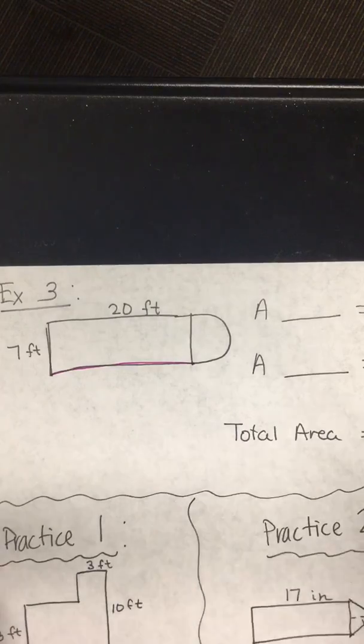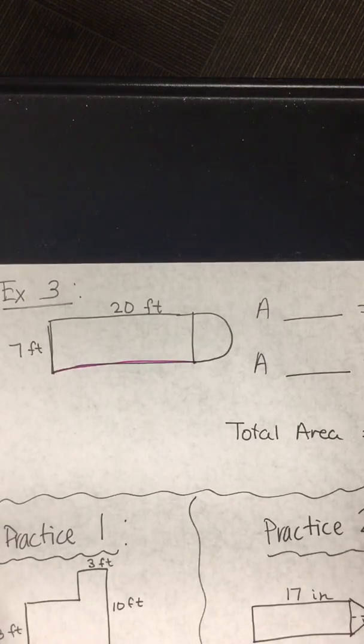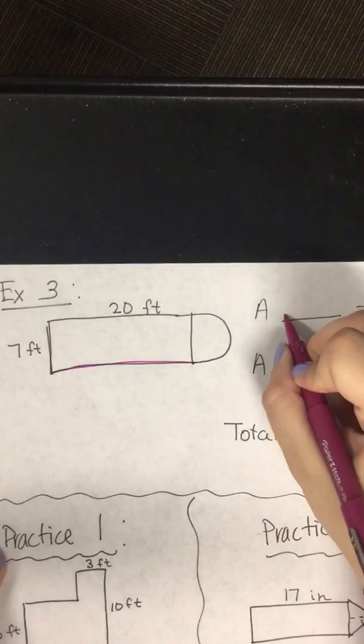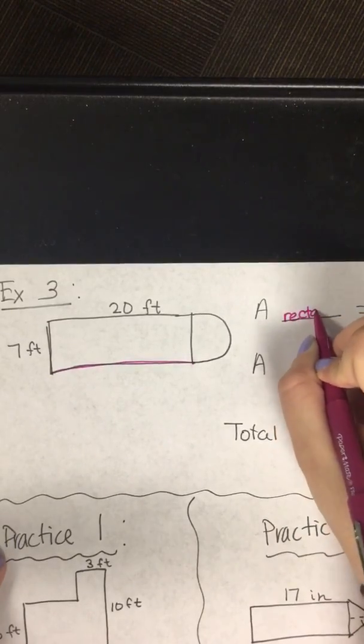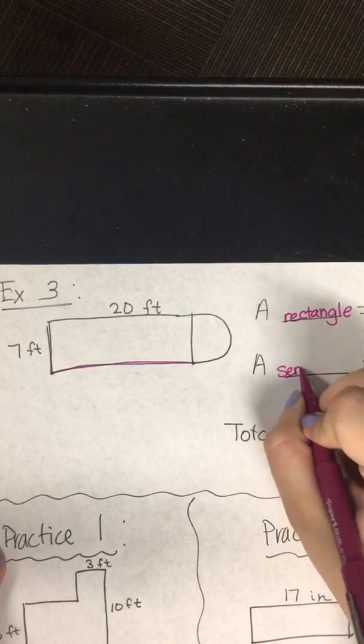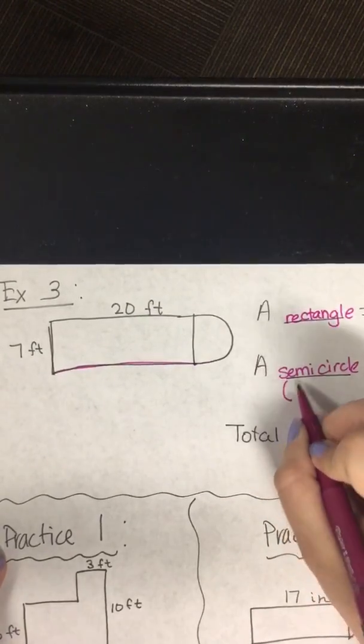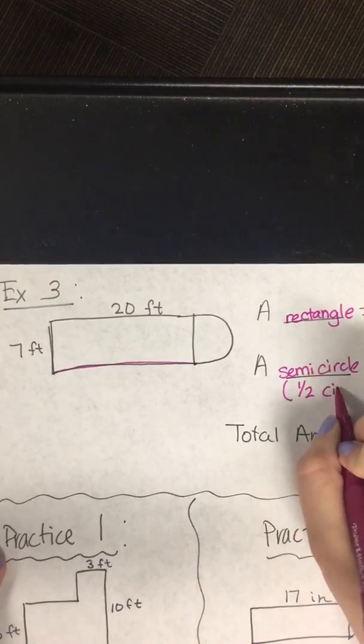What two shapes do we have in this figure? What two shapes? A rectangle and a semicircle. Semicircle, also known as a half circle.